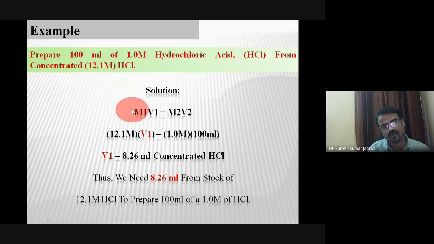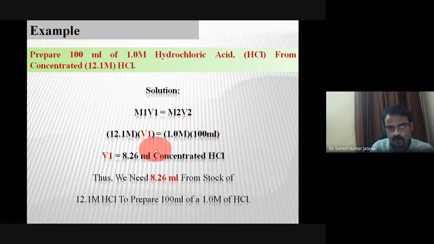If we put these digits in the equation M1V1 equals M2V2: M1 is given as 12.1. V1 has to be calculated, and M2 is 1 molar, the desired concentration you want to prepare, and the volume is 100 ml. This one is given.